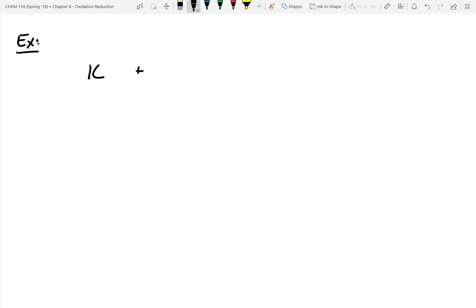So we've got potassium plus elemental bromine goes to potassium bromide. In order to balance this, we would have to have a 2 here to balance out the bromines. And we doubled our potassium, so I've got to put a 2 over here. Okay, so identify what was oxidized, what was reduced, and what your oxidizing agent is versus your reducing agent.